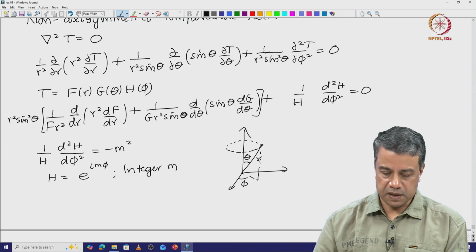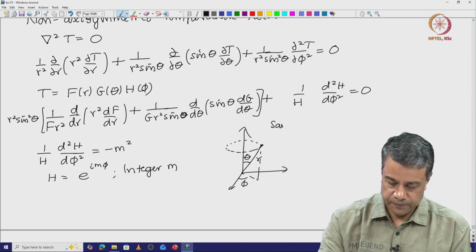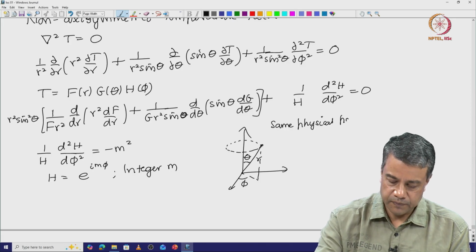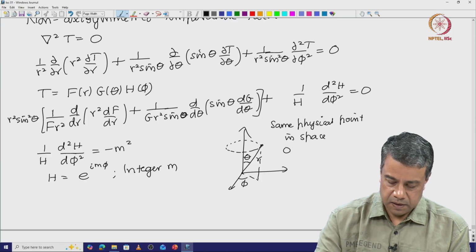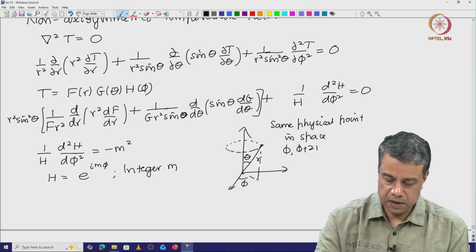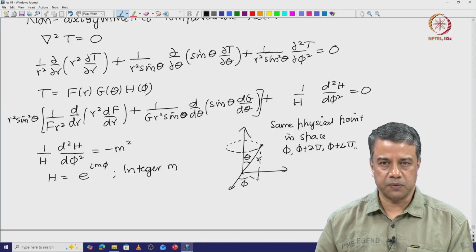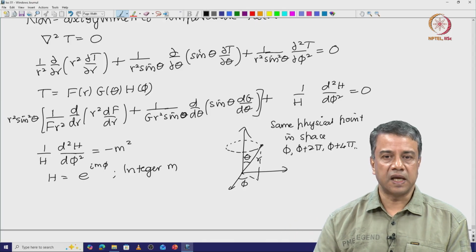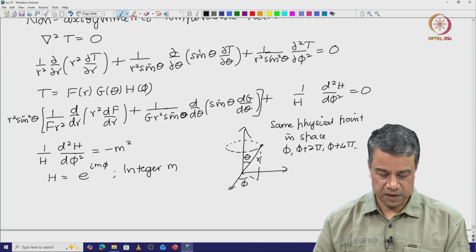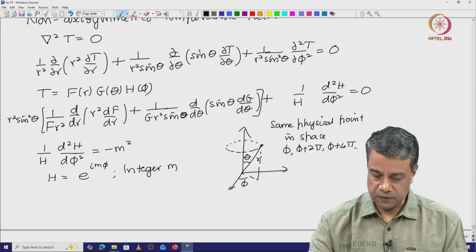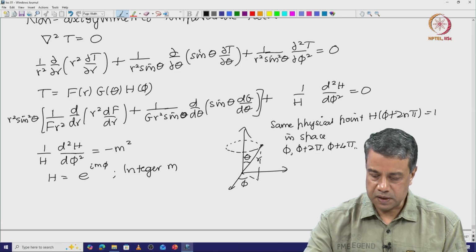That means the same physical point in space is phi as well as phi plus 2 pi, phi plus 4 pi, etc. So, you can always increment phi by 2 n pi, where n is an integer. You will go n times around the axis and return to the same physical point in space. Therefore, h of phi plus 2 n pi has got to be equal to h of phi.